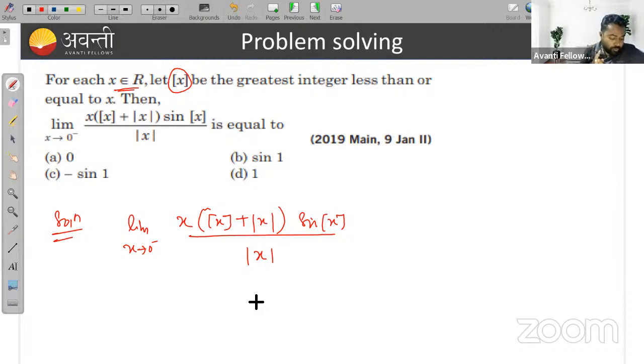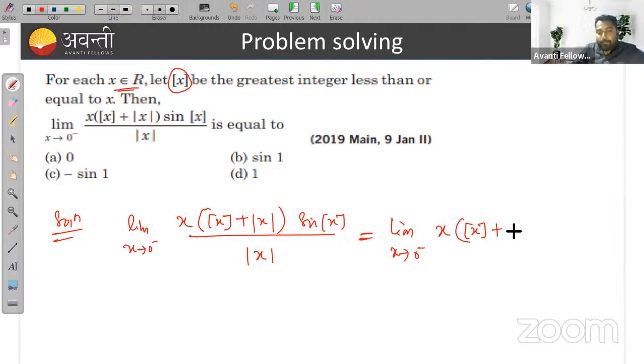So 0 minus means, if we simplify this function, it is a negative number. So mod of any negative number is positive of x.